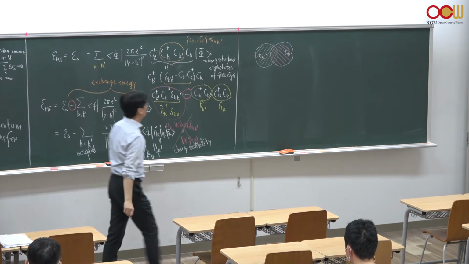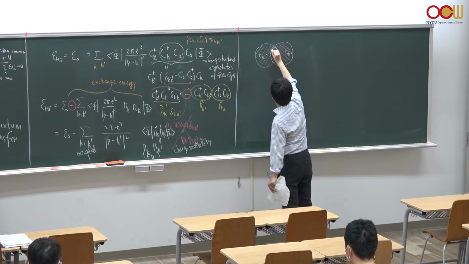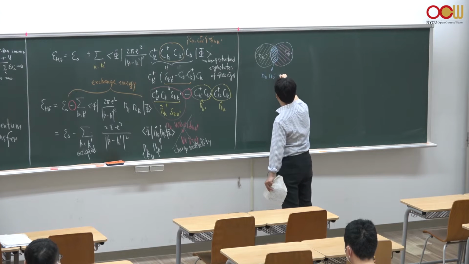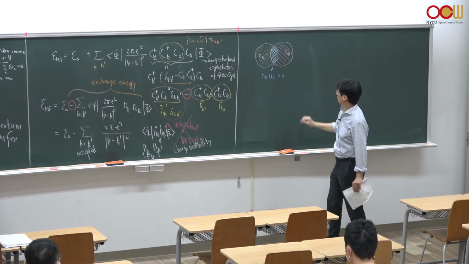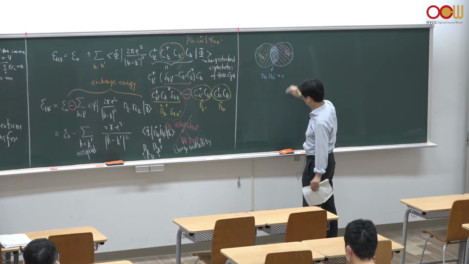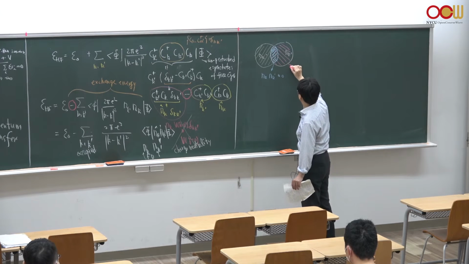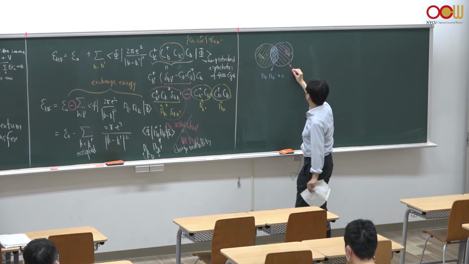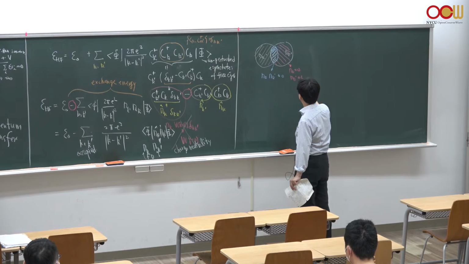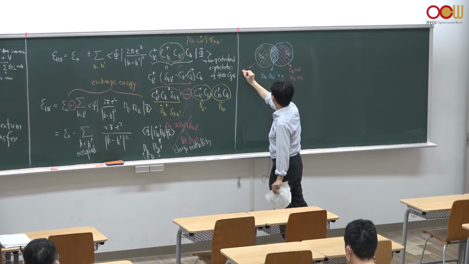So let me just use this blue to represent that n of k and n of k prime is non-zero. Okay, so on either side of this yellow or red shaded region, either of these Fermi functions vanishes. So in this case, n of k is 0, but n of k prime is finite, which is 1. And here it is the opposite. n of k is 1, but n of k prime is actually 0.